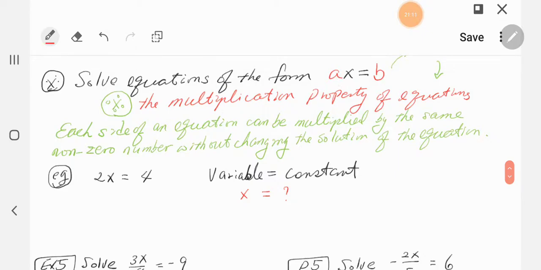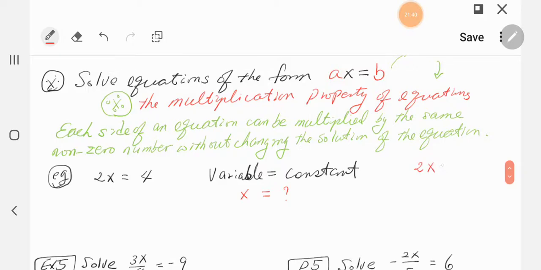It's simple. We will use the multiplication property of equation. This means we have an equation, and we can multiply a non-zero number to each side of the equation. Do you remember this? Let's say 2x.